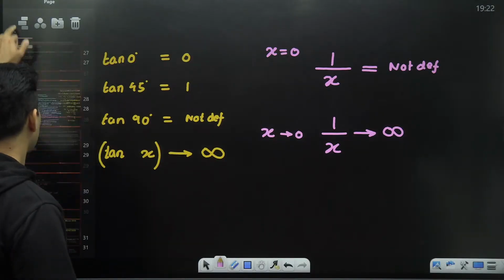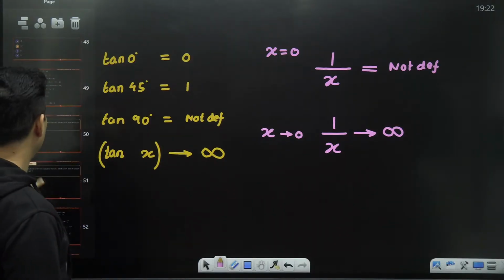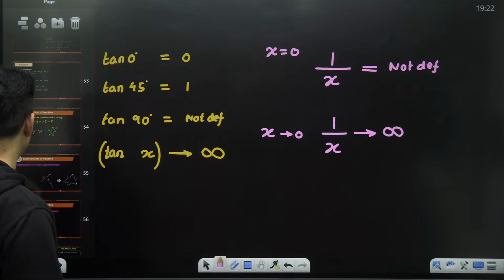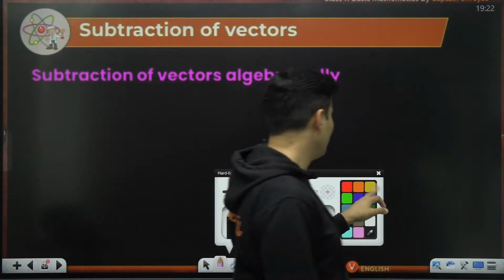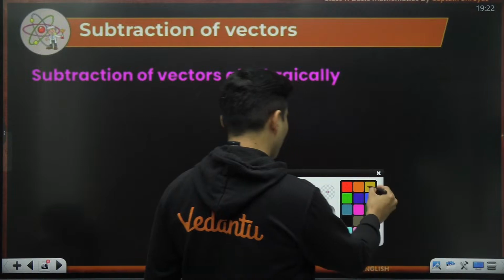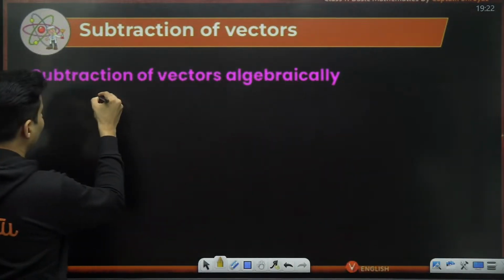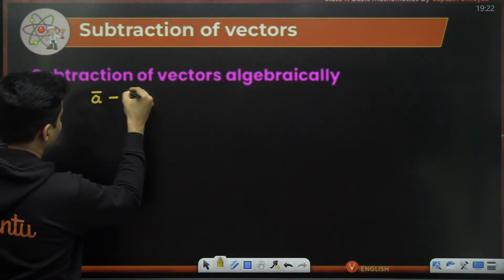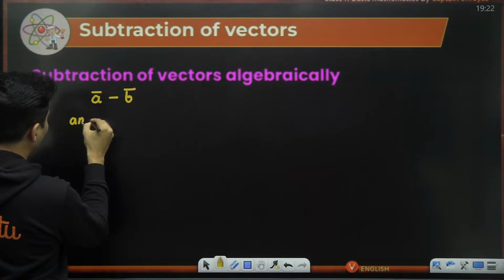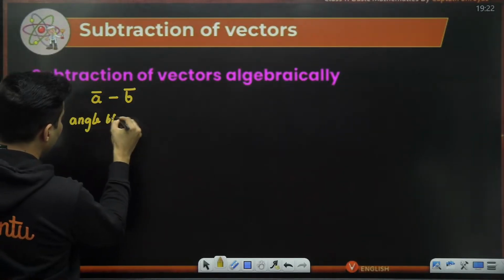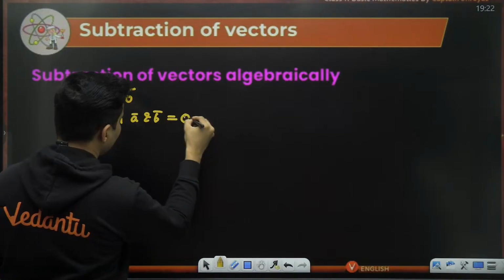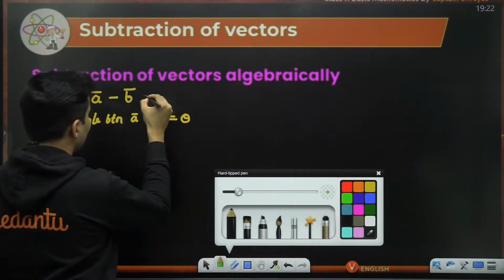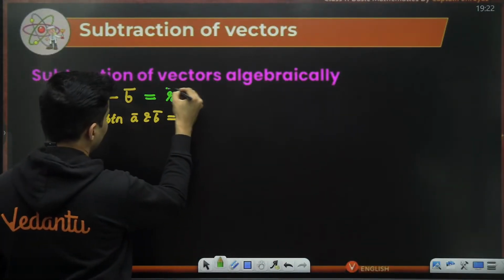So this is also done. Sir, do you think that even for vector subtraction we can apply the formulas? Absolutely, guys. Imagine I write vector a minus vector b, and the angle between a vector and b vector is theta.